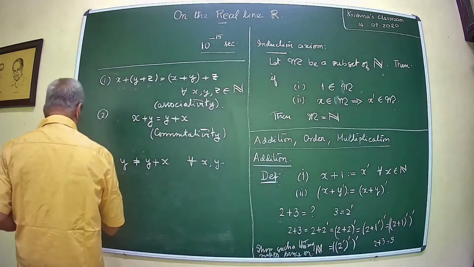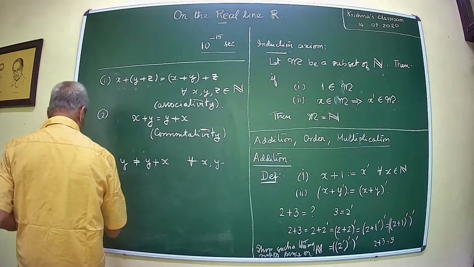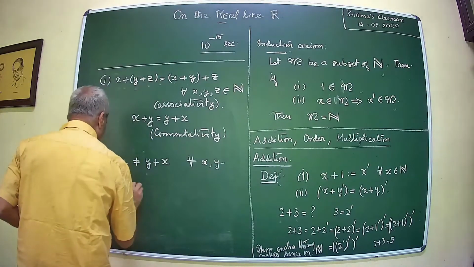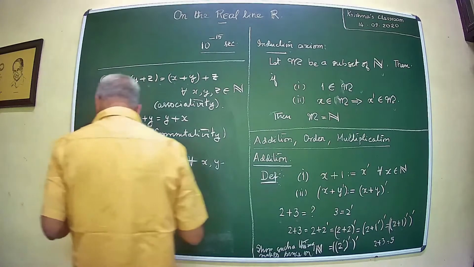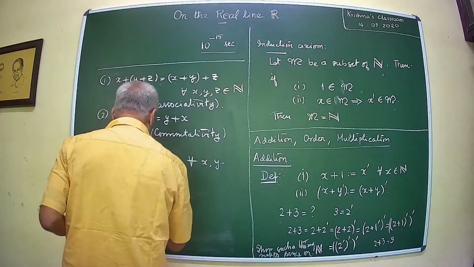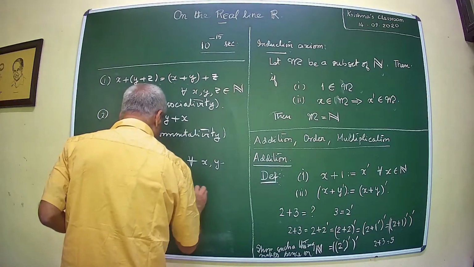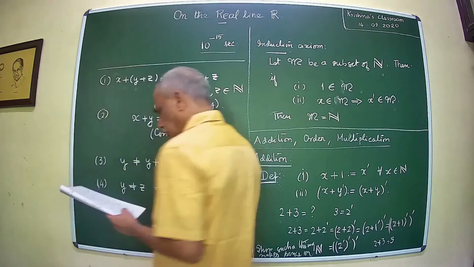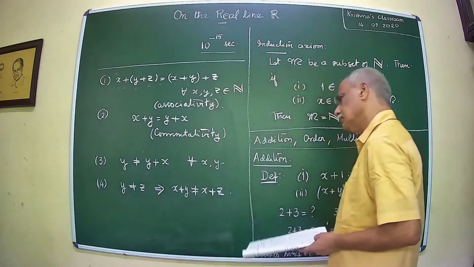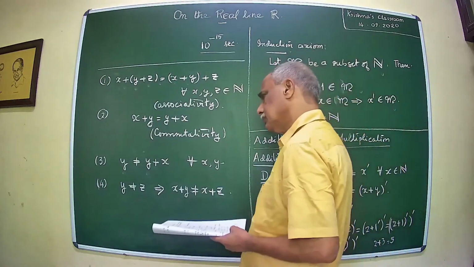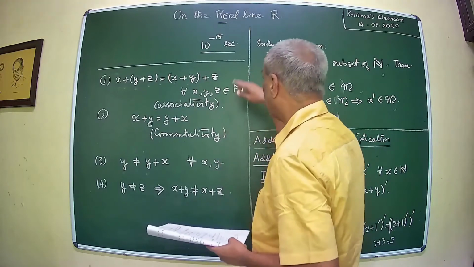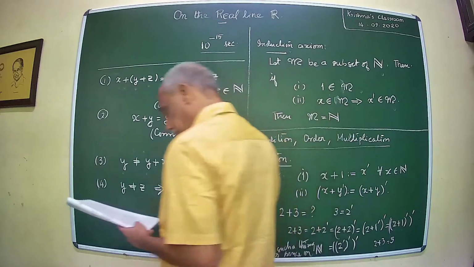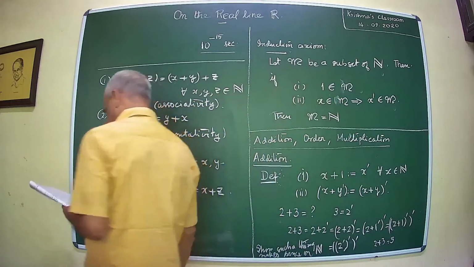The fourth one: if y is not equal to z, then this implies x plus y is not equal to x plus z. All these are to be proved, and you have to play the game within these structures, and I'll tell you which book you can look into.